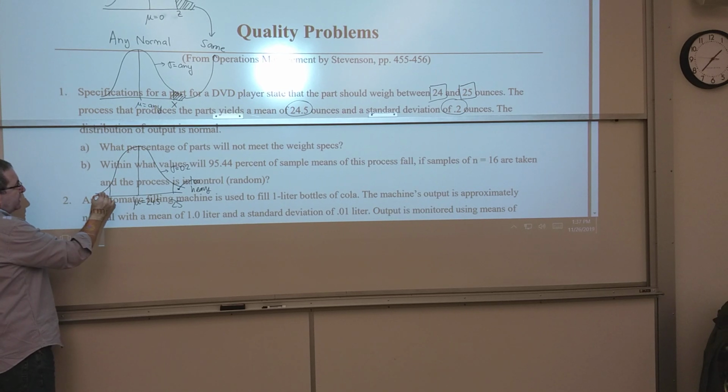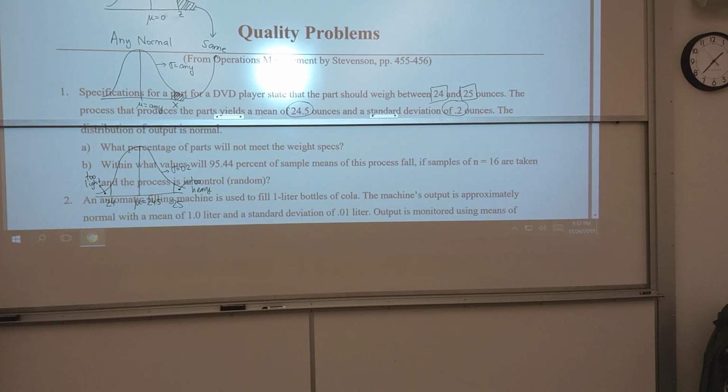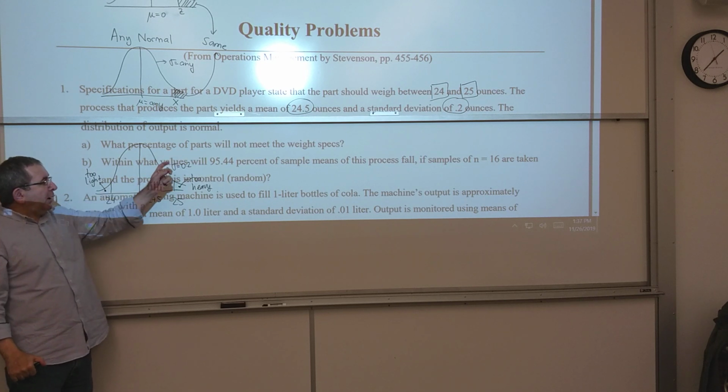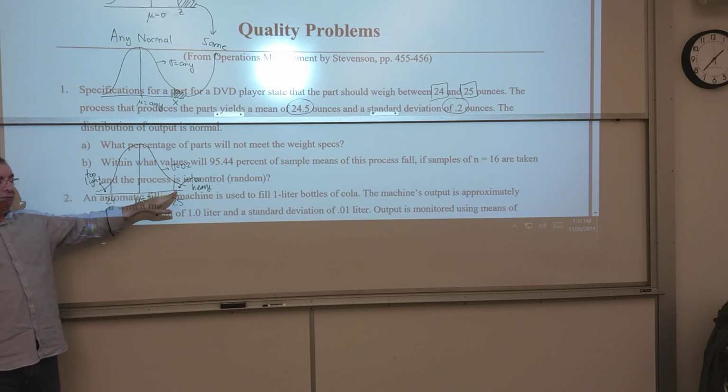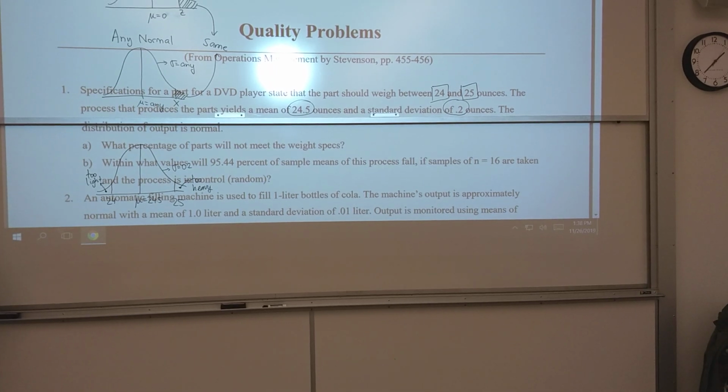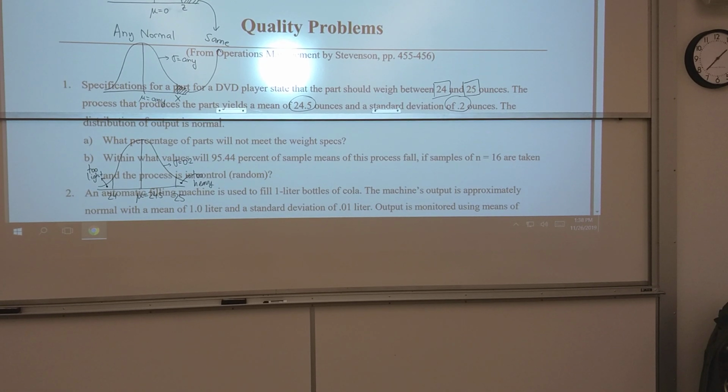If a part weighs less than 24 ounces, it's going to be too light. Okay? And the question is, what percent of parts will be either too heavy or too light? Okay? Is everybody clear on this? Okay.